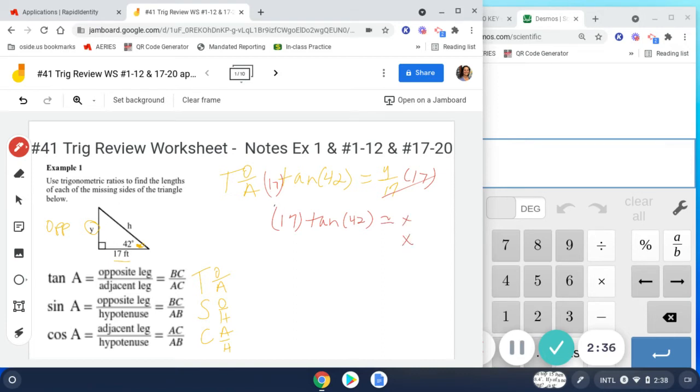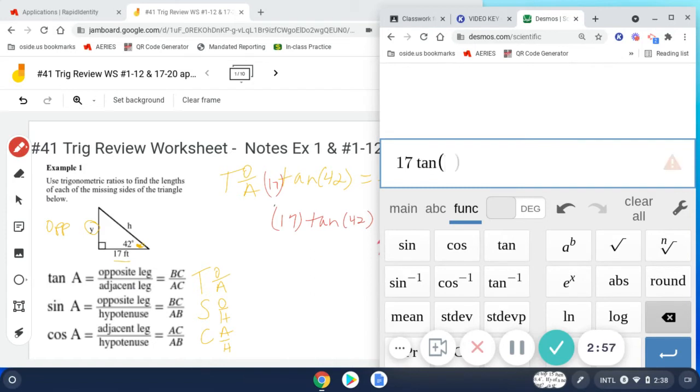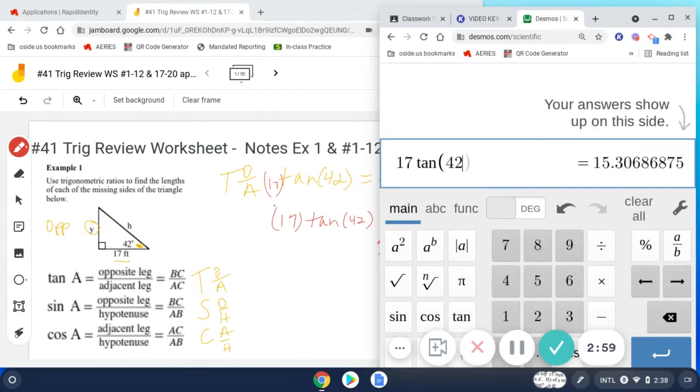This is going to give me an approximate value. Let me switch this to a y. So 17 times the tangent of 42 is going to give us 15.31.